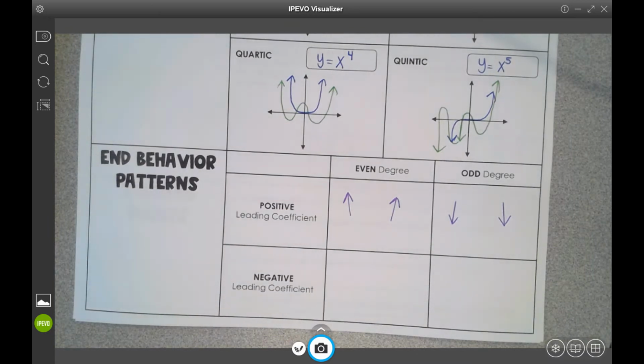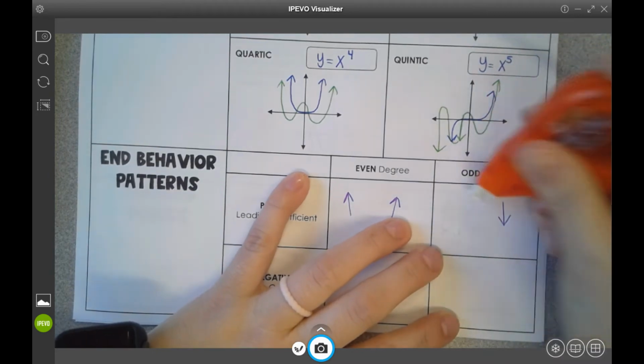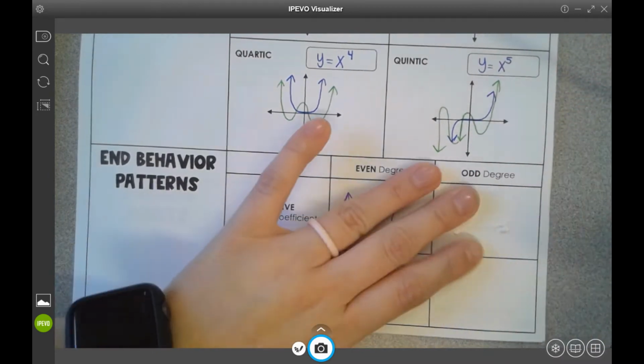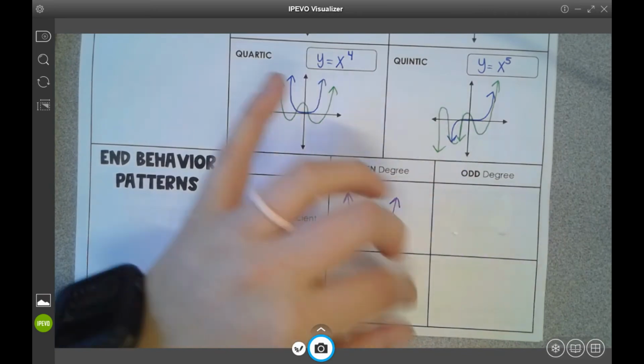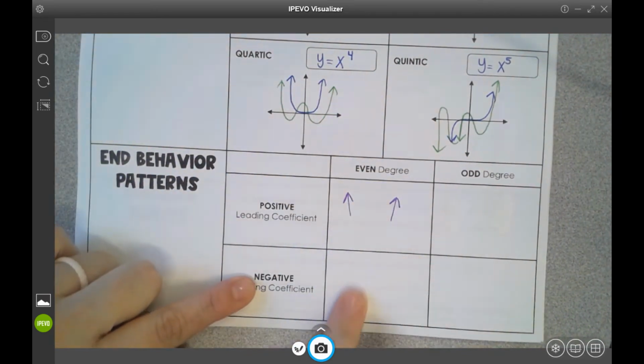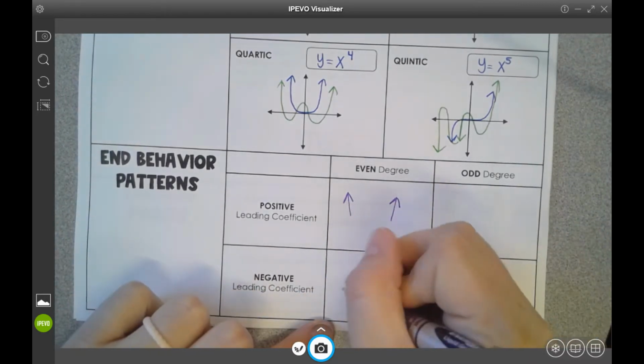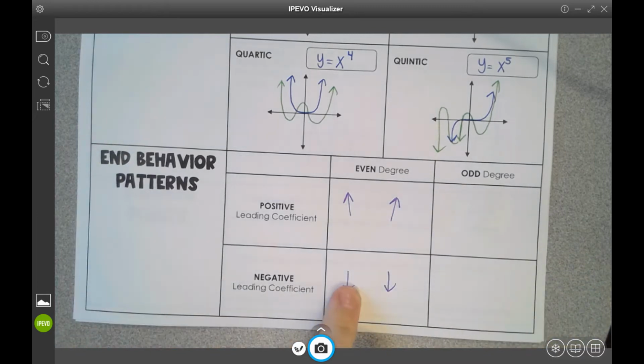Hold on. So positive and even. I put that positive and odd. So positive and even, negative and even, they both point down. So negative leading coefficient but even degree, they both point down.